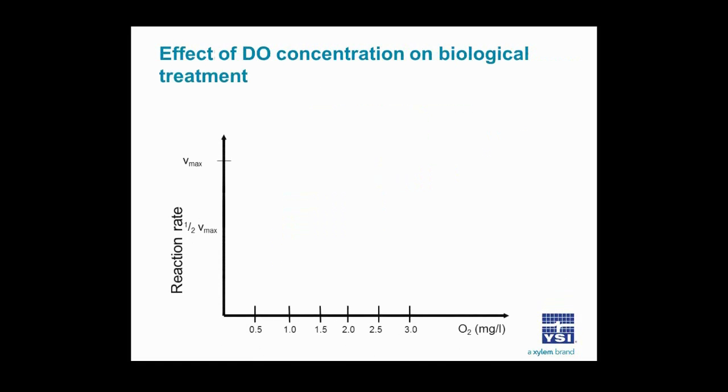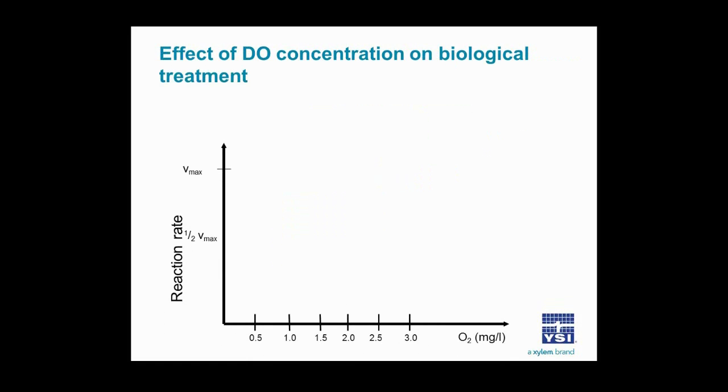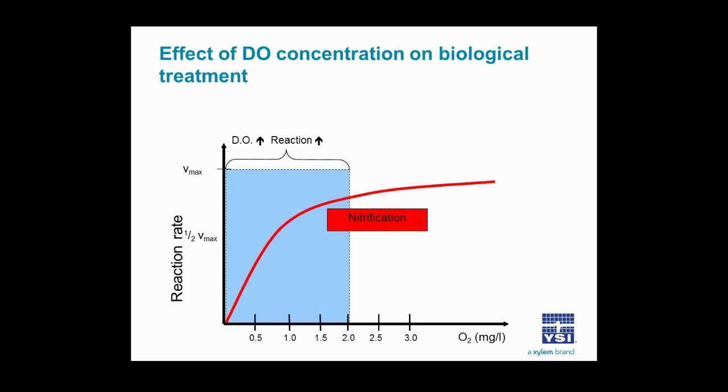So looking at it a little more specifically, we take a look at this chart which shows reaction rate versus dissolved oxygen concentration. For nitrification, the curve shown here relates how that rate is related to dissolved oxygen.